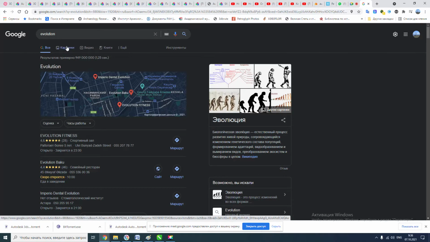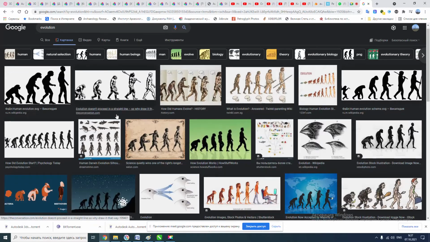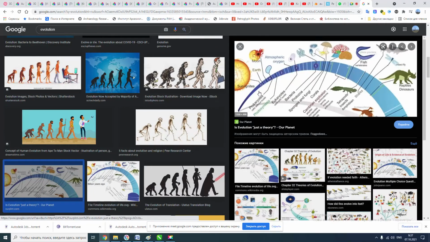And if we look at the process of evolution, we can see, for example, there were different kinds of creatures that evolved from one form to another form.